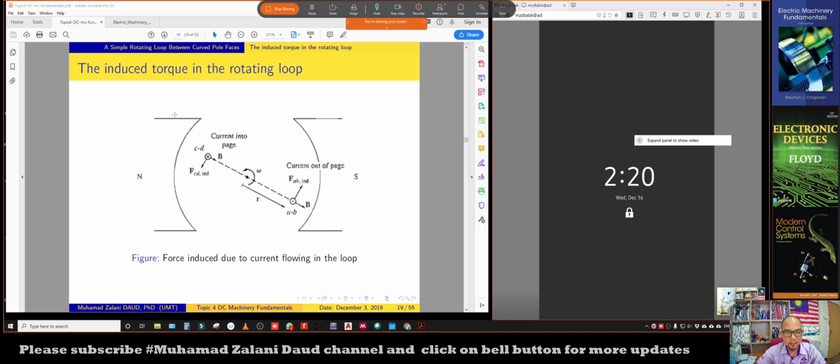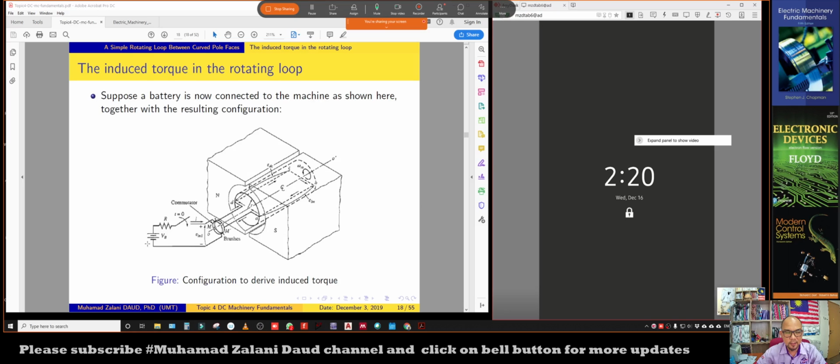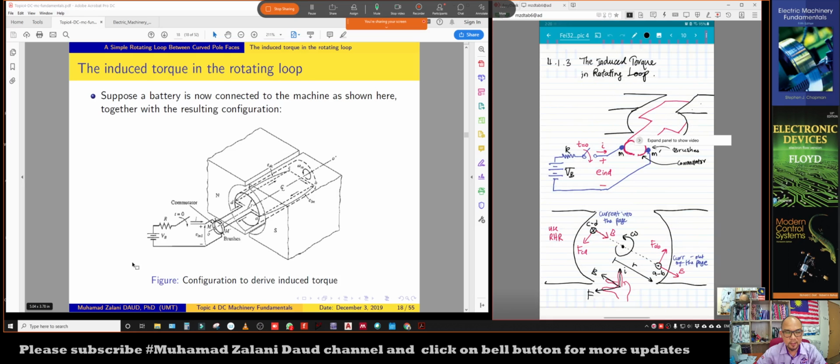For example, as you can see in this figure, this is the view from the back side. If I place my eyes from here, what I can see from the back side is something like this: we have the CD segment, and also the AB segment on the other side.